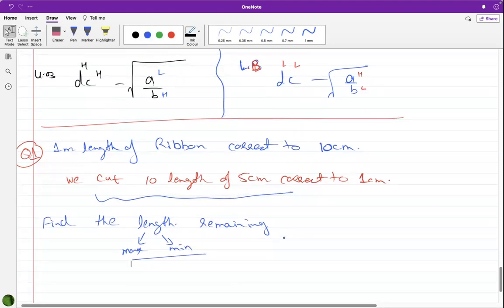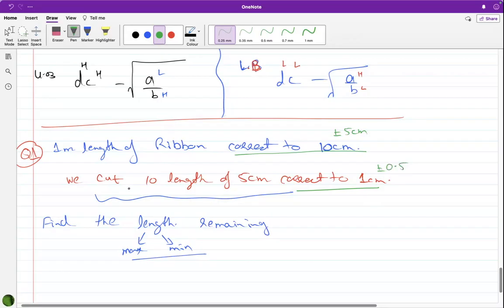Well, what does correct to 10 centimeters mean? When it is correct to 10 centimeters, what do we add and subtract? 5. Correct to 1 centimeter, what do we add and subtract? 0.5.